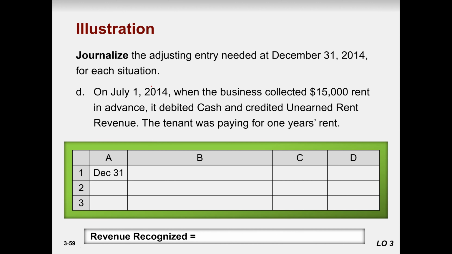On July 1st, 2014, the business collected 15,000 rent in advance, which means this is revenue. Which revenue specifically? In advance. Some books call this advance revenue, some books call it, like right now what we have learned, unearned revenue.